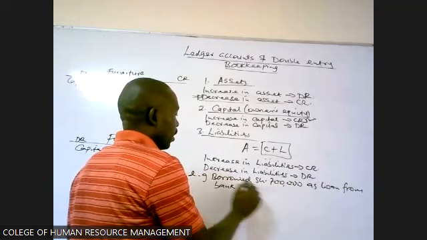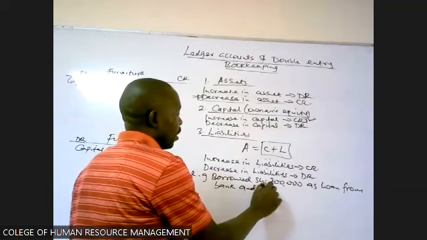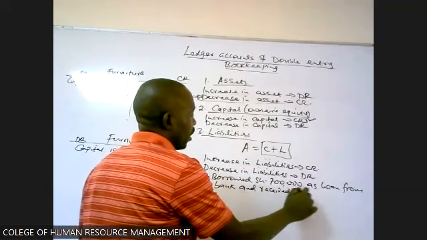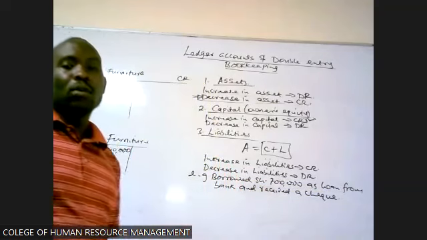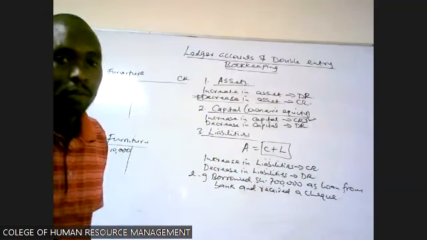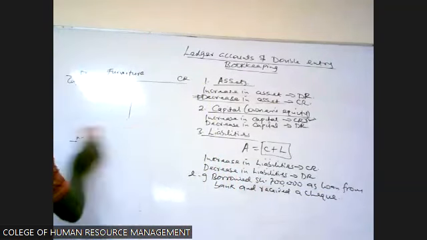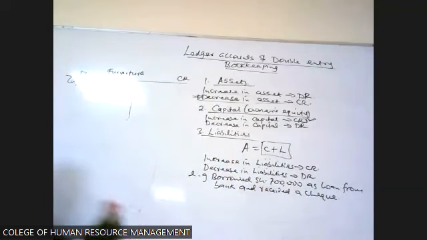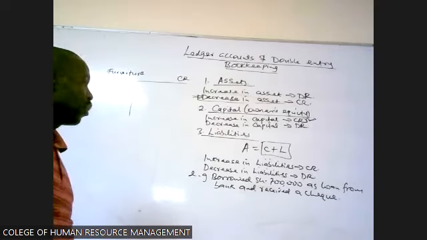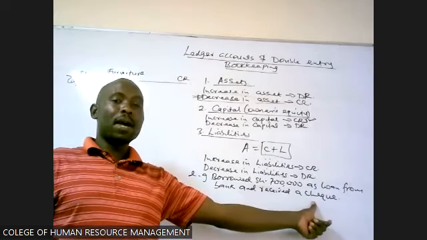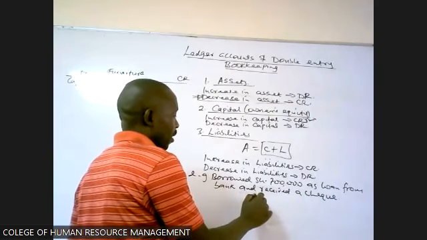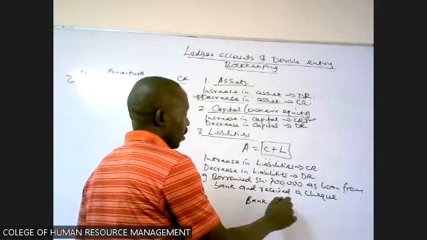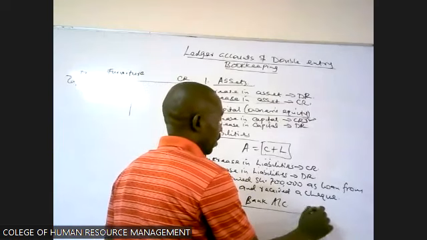Or let me write here, and received a check. So you go and borrow a certain amount of money from your bank. Two things will be happening. One, you will be receiving a check, so your bank balance will be increasing because that check will be deposited there. Bank account will receive that check, even though it is a loan.